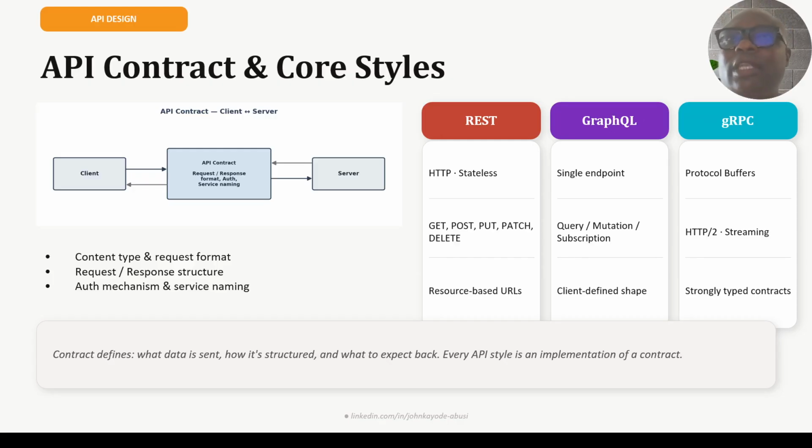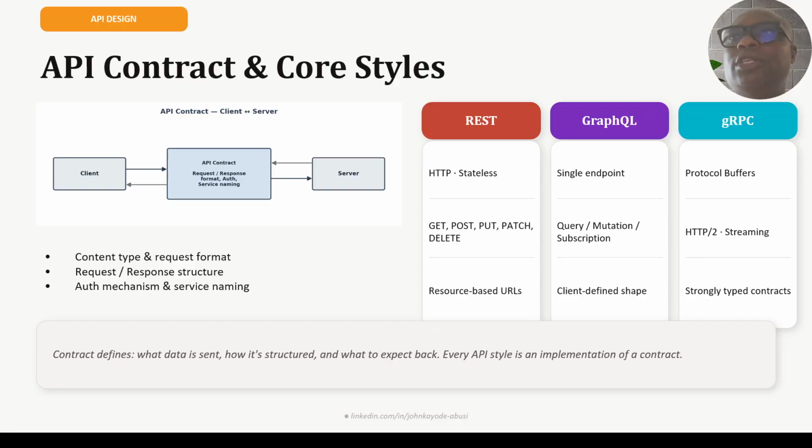You always hit that single endpoint for GraphQL, but for REST, you have maybe one endpoint for user ID, another for username, another for items. In the case of GraphQL, there's just one endpoint that you use for queries to get the information. But both of them are executing contracts.